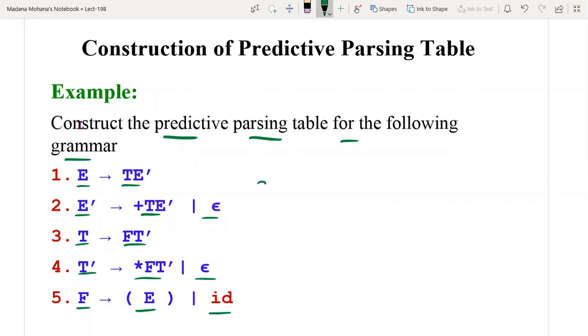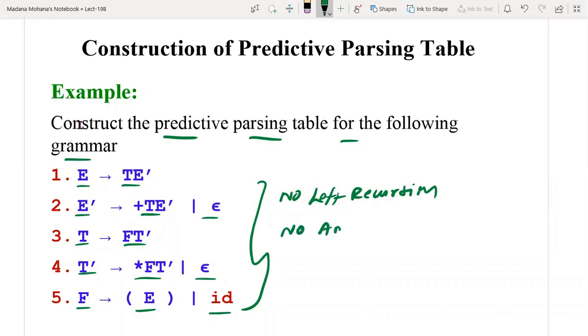Now here you can check this grammar. This grammar does not contain left recursion. Every time you need to check the given grammar. No left recursion. Then no ambiguity, so this is not an ambiguous grammar.